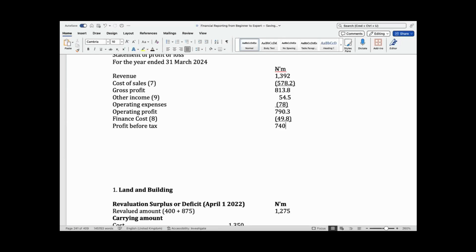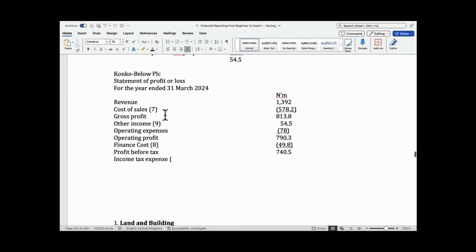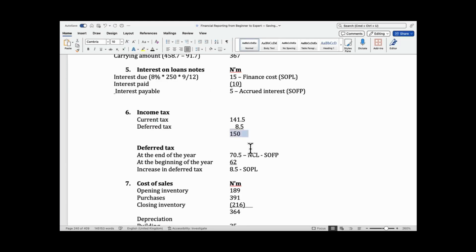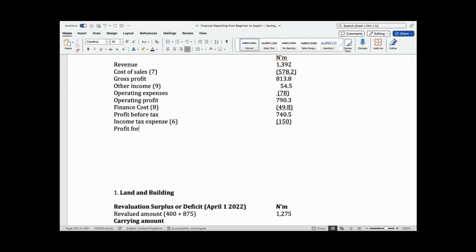Right. Then I have my income tax expense, which I did for my working 6 here as 150. So what do we have? 590.5.